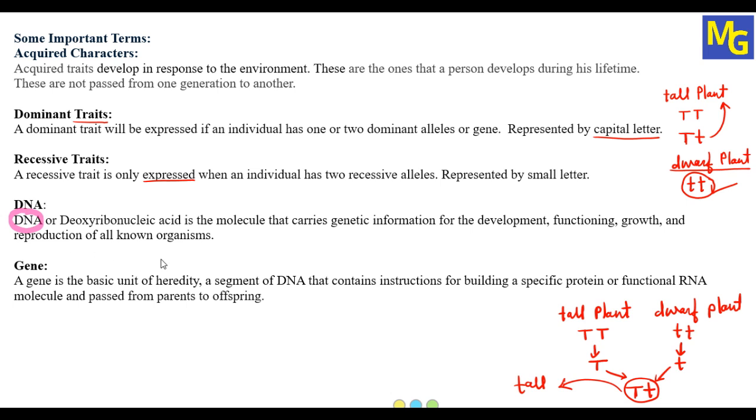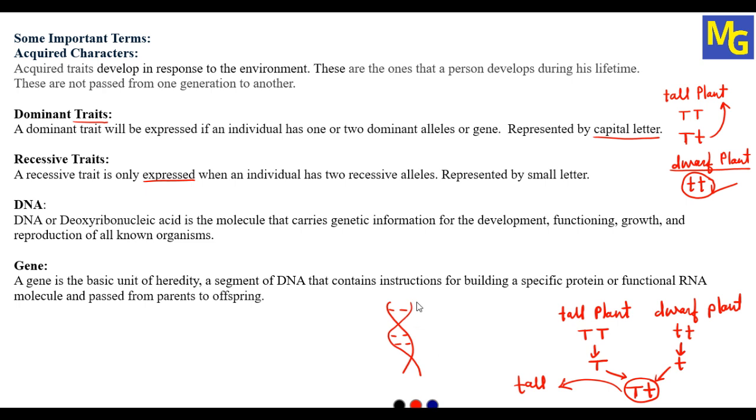The next is gene. What is a gene? A gene is a basic unit of heredity, a segment of DNA that contains instructions for building a specific protein or functional RNA molecule and is passed from parent to offspring. If you see the DNA, it has a double helical structure like this. This is the structure of DNA, where all the molecules, bonds, bases, sugar, phosphates, etc. are present.